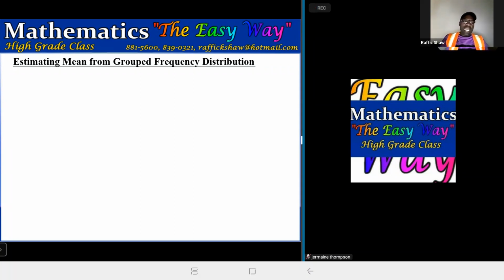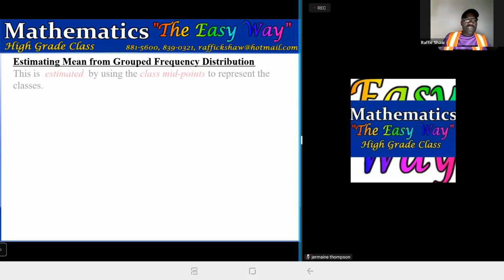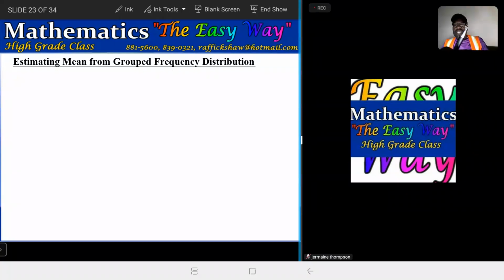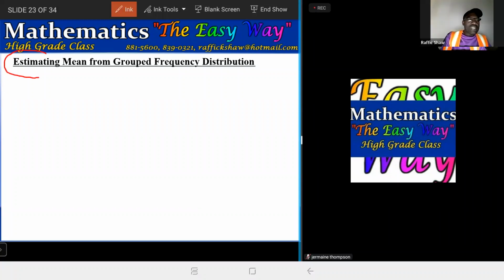For example, on the slide here you see the word estimate: estimating the mean. When we did raw data, it was a matter of calculating the mean. When we did ungrouped data, it was calculating the mean. But now, because the data is grouped, the mean has to be estimated. Almost everything has to be estimated.